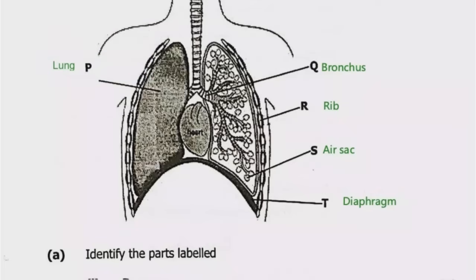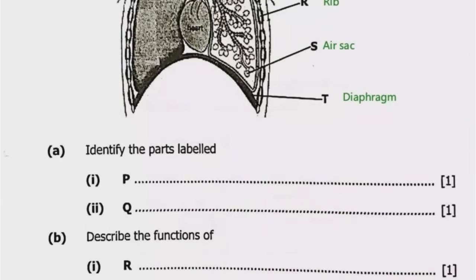Okay, so those are the names of the parts. Basically that's what we do with RC Easy Learning Z. We make sure we name the parts before we go to the questions. Okay, so now let's go to the questions and answer the questions.